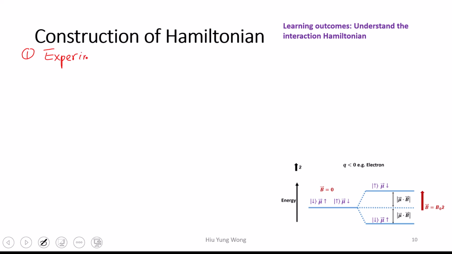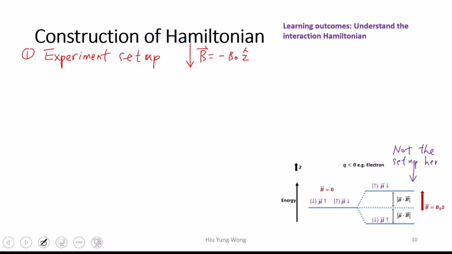For the experimental setup, I'm not going to say this again. Oh, then, I need to say it because it can be confusing. Just make sure that the magnetic field is set up as pointing down, negative B0 Z hat. Now I have this picture here. This is not the setup, okay? It is just for you to recall the energy level.